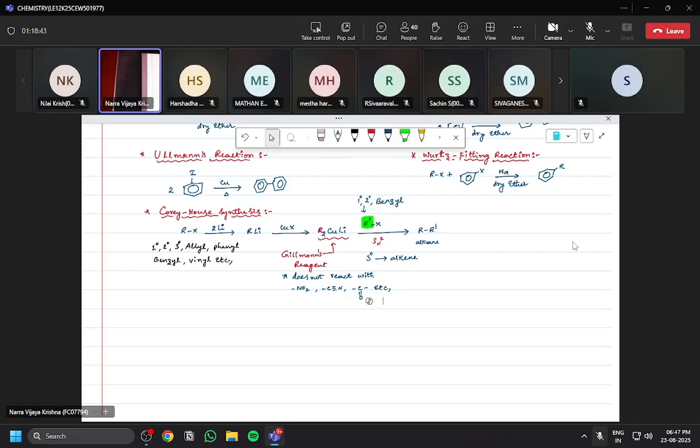Over. So first we will see reduction of alkyl halides, and then exercise directly I will go to 103. First we will see reduction of alkyl halides, and then I will solve those numericals. Then directly I will go to page number 103, polyhalogen compounds. Okay?